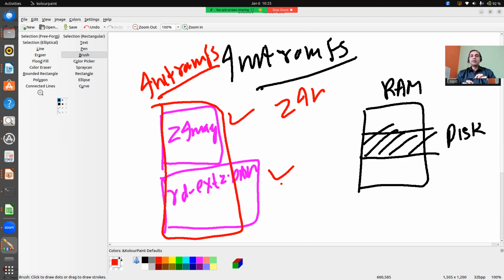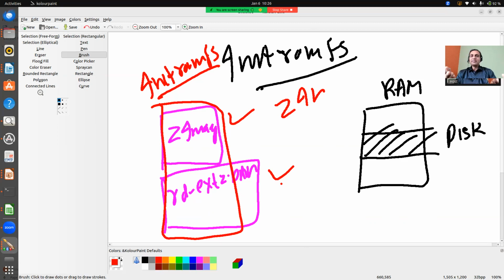To summarize, what we have seen is RAM disk is nothing but the disk on RAM, where a particular portion of RAM you use as if it's the disk. Why do we need to do that? There can be a variety of reasons. One reason can be that I need to recover my board. In order to recover my corrupted file system, I would boot up with a RAM disk and repair it.